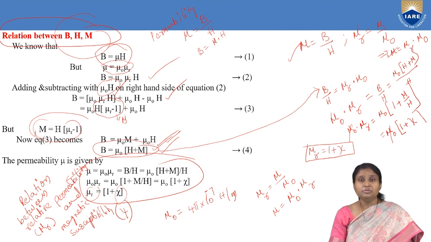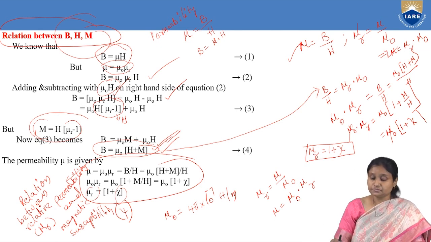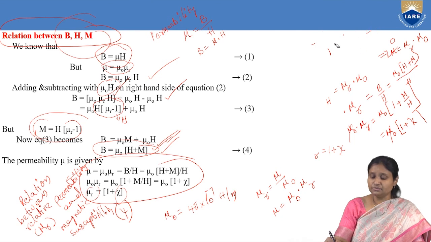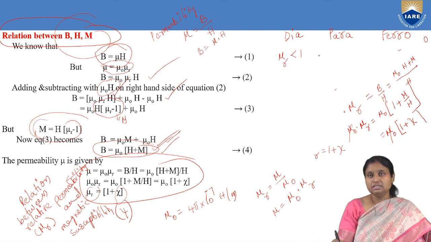And this relative permeability and susceptibility are going to play a very important role when we take different types of magnetic materials. Suppose I talk about dia, para and ferromagnetic materials, what we are going to observe here is the relative permeability value. In diamagnetic materials, relative permeability is less than 1, but still it is positive, so it will be in just points.